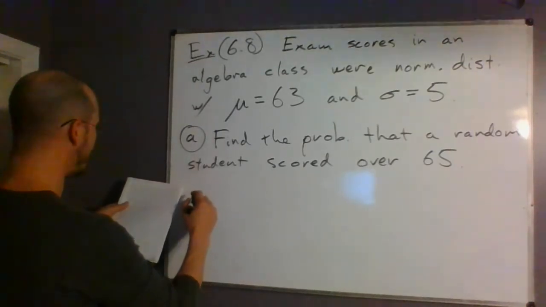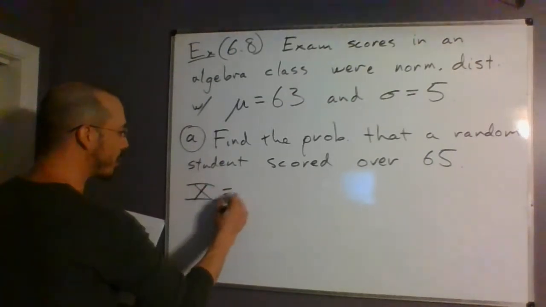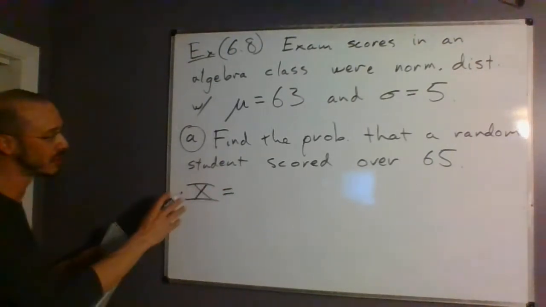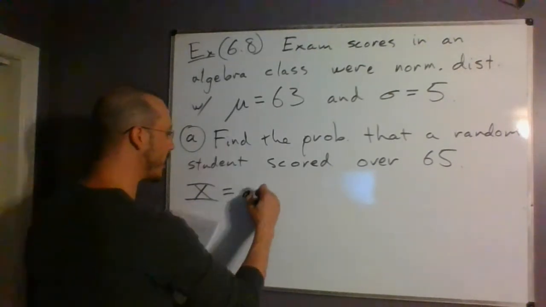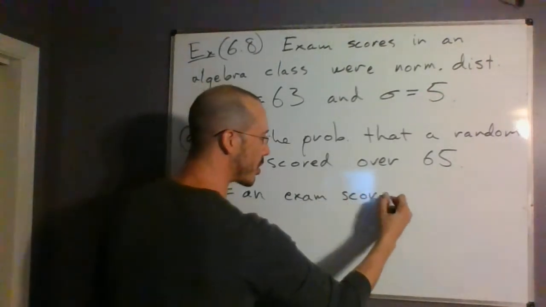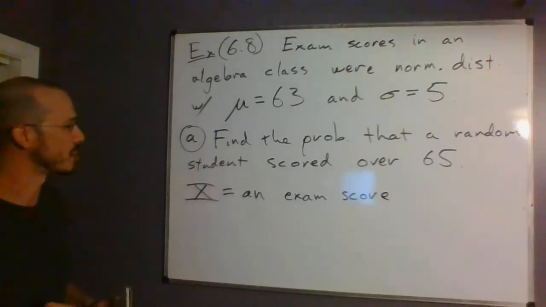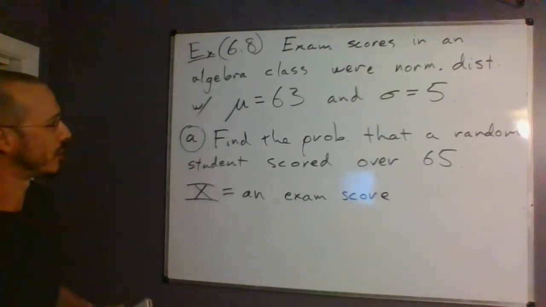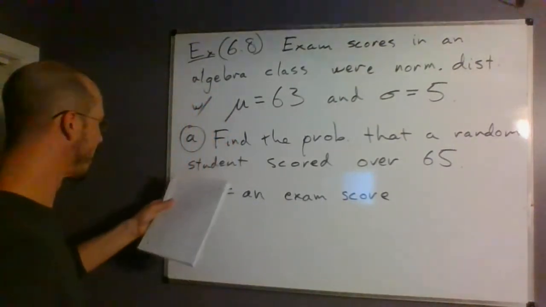The continuous random variable x represents an exam score, or one single randomly selected exam score.